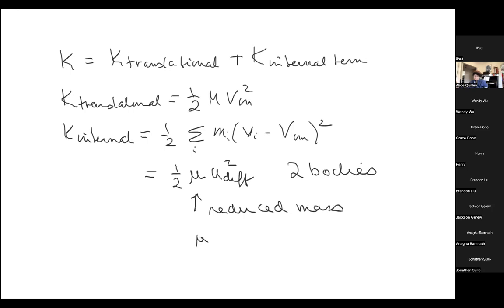So mu is m1 m2 over m1 plus m2, and u_diff is the velocity difference between the two particles. And actually, sometimes it's 1 minus 2. You can decide what the convention is.